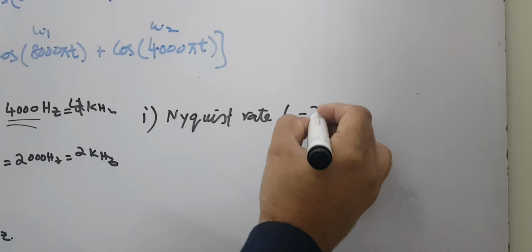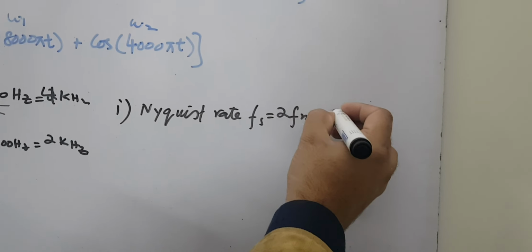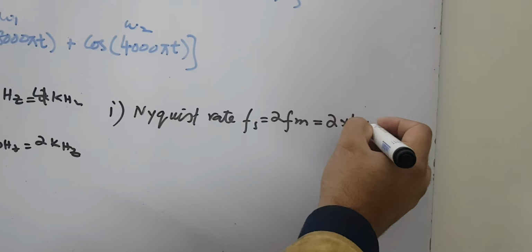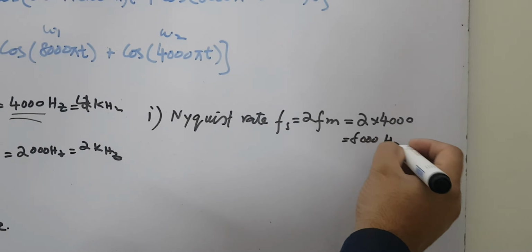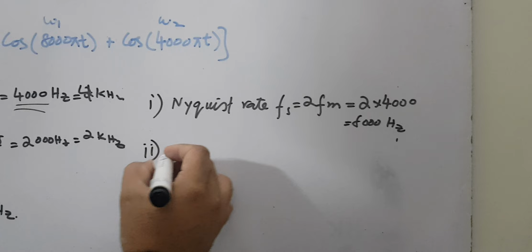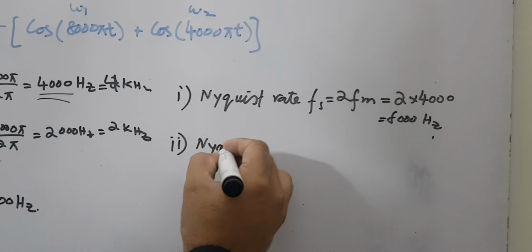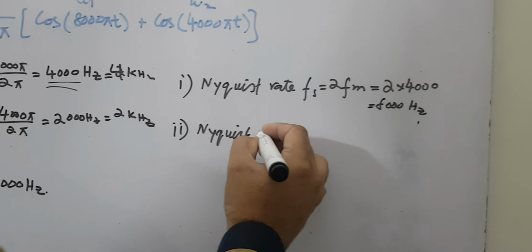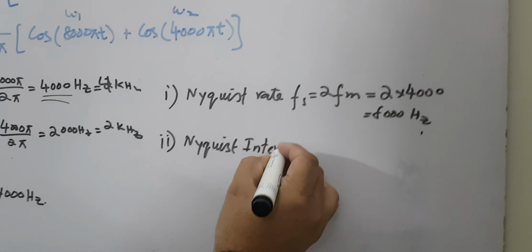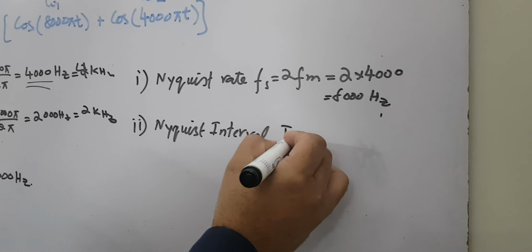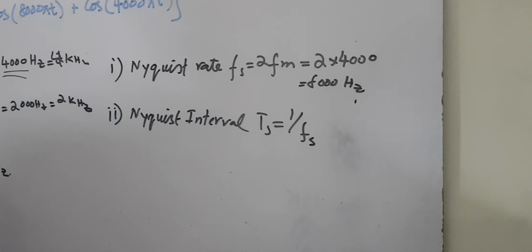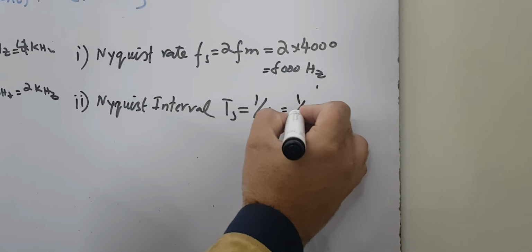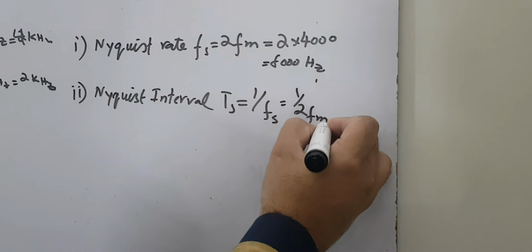The first was the Nyquist rate. Nyquist rate fs is equal to 2 fm, so 2 multiplied by fm, which was 4000, equals 8000 hertz. Second is the Nyquist interval, meaning the duration Ts. Ts is equal to 1 over fs, or you can say 1 over 2 fm, both are correct.